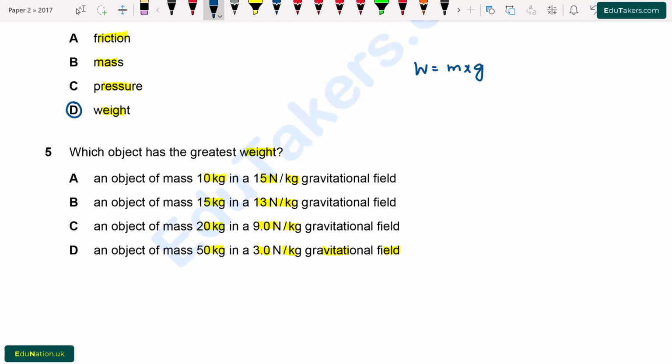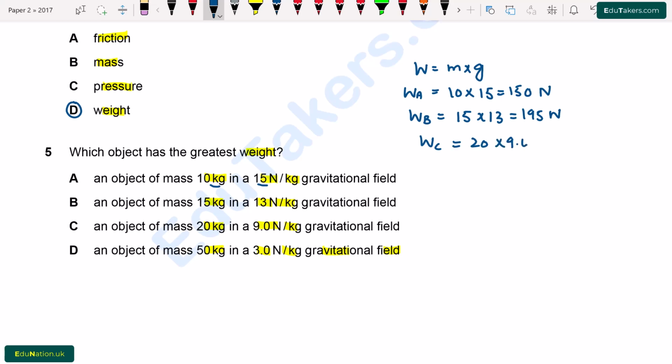For object A, I write here weight will be equal to mass, 10 kg, multiplied by g, which is 15. So it will be equal to 150, and the unit is Newton. Weight for object B, it will be 15 kg multiplied by 13. This will be equal to 195 Newton. Weight for object C is equal to 20 kg multiplied by 9.0.